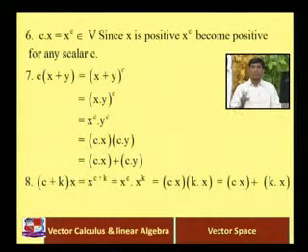Okay, we can write it separately. So x raised to c is actually c into x, and y raised to c can be written as c into y. So in brackets c into x, plus, in brackets c into y. Now these two are positive real numbers, so that can be written as c into x plus c into y. Okay, so we proved that c into, in brackets, x plus y is equal to, in brackets, c into x plus, in brackets, c into y.